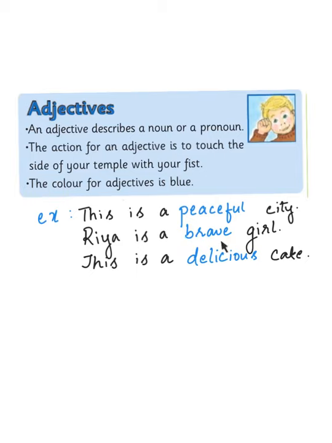Brave is the adjective here. In the same manner, delicious is an adjective, and some more examples for adjectives are beautiful, silent, big, small, huge, enormous, wonderful, amazing.